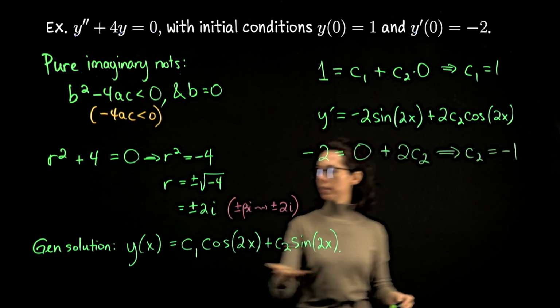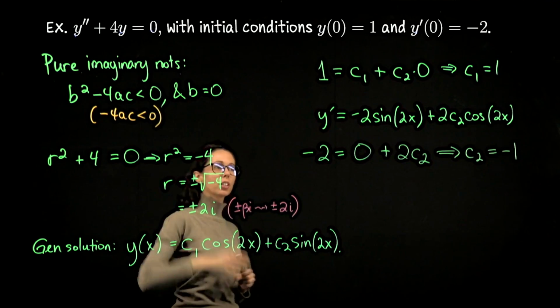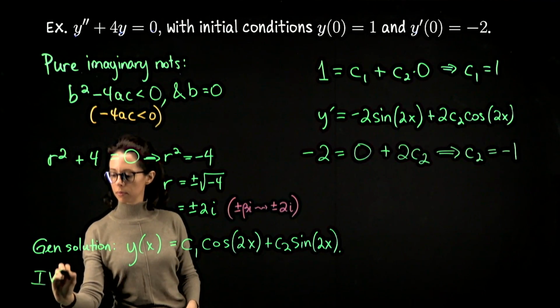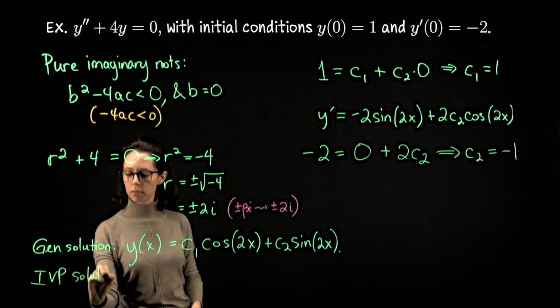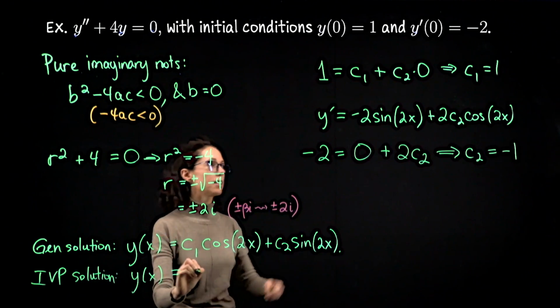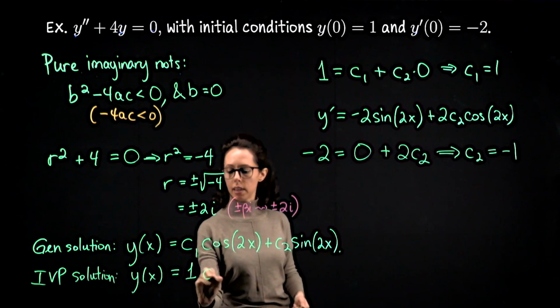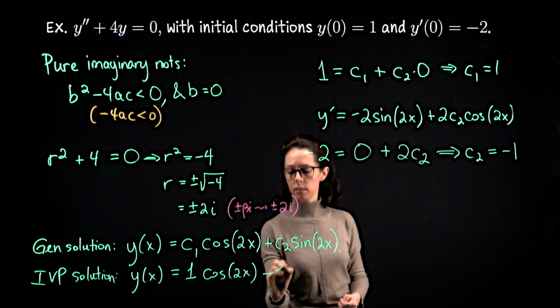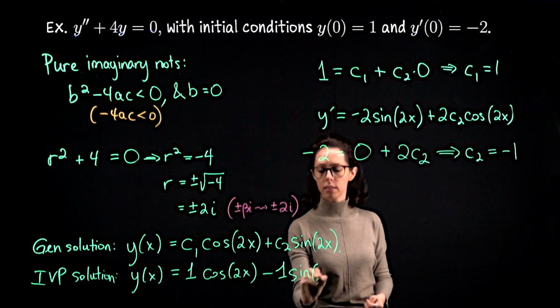All right, so while this was the general solution to this differential equation, for the initial value problem, we found that y of x is 1 times cosine of 2x minus 1 times sine of 2x.